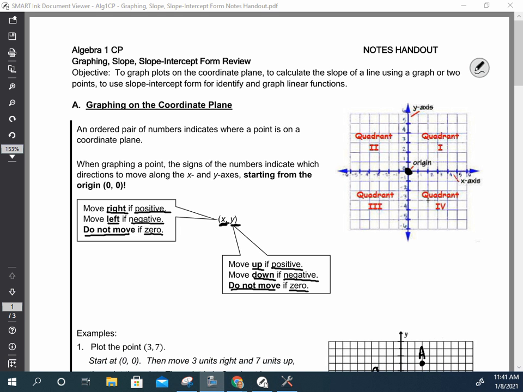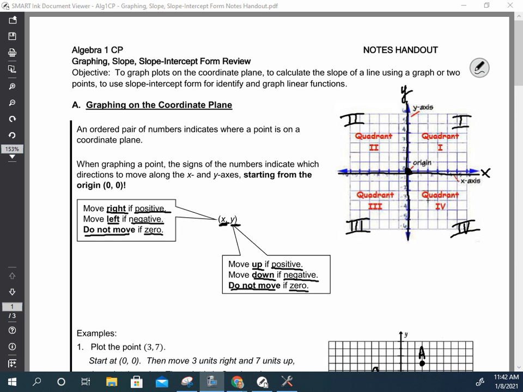As far as where everything is located, you have the x-axis, you have the y-axis, and then quadrants 1, 2, 3, and 4.